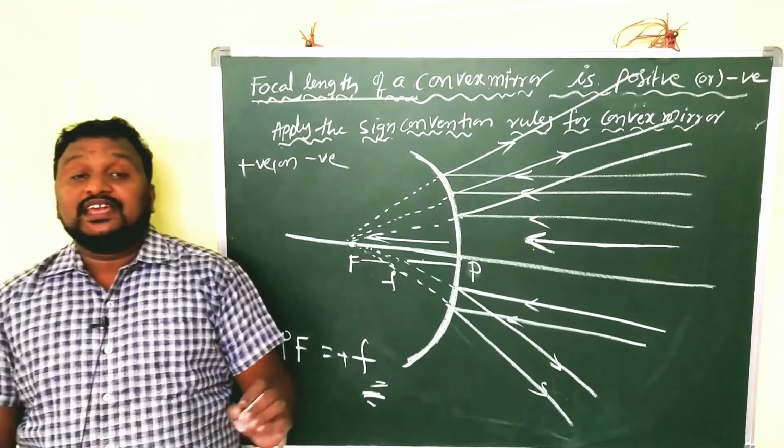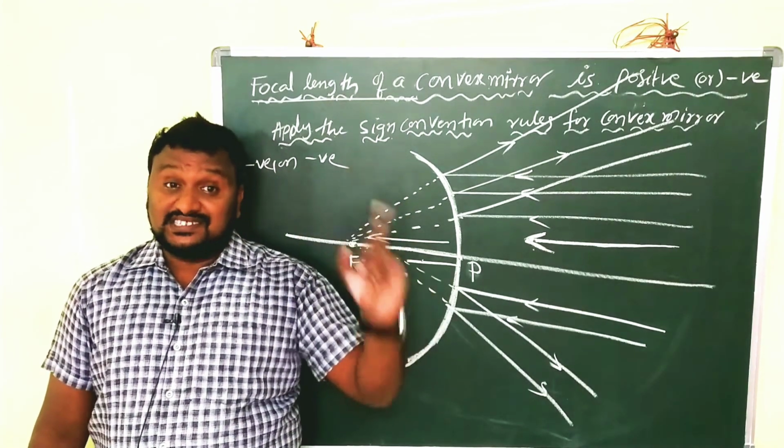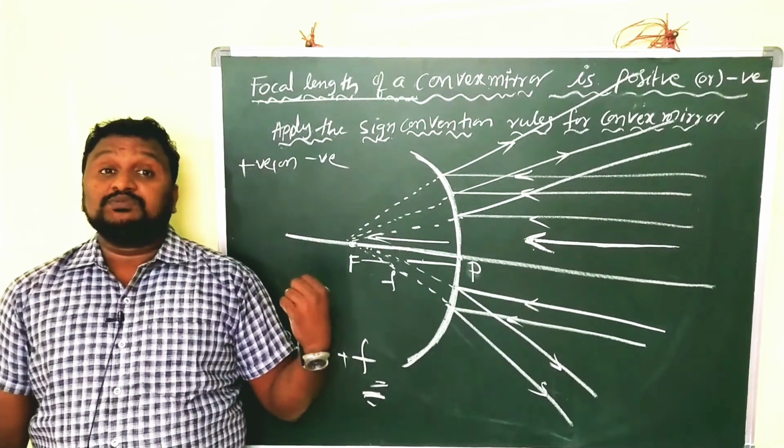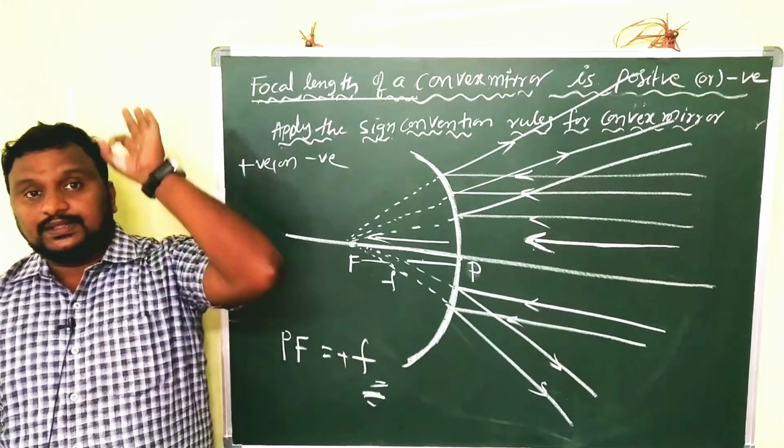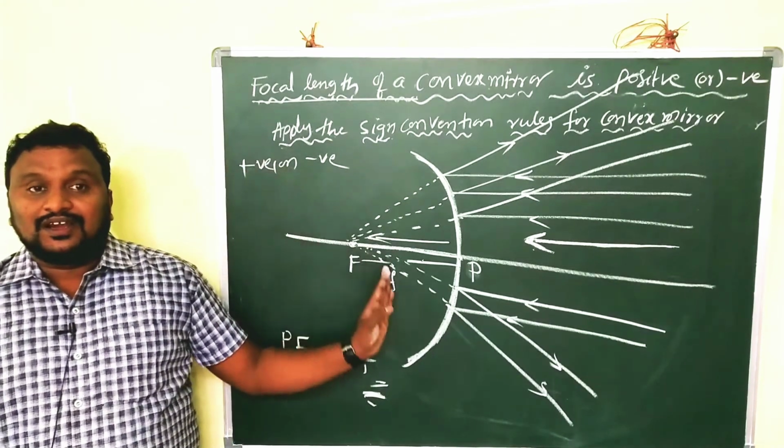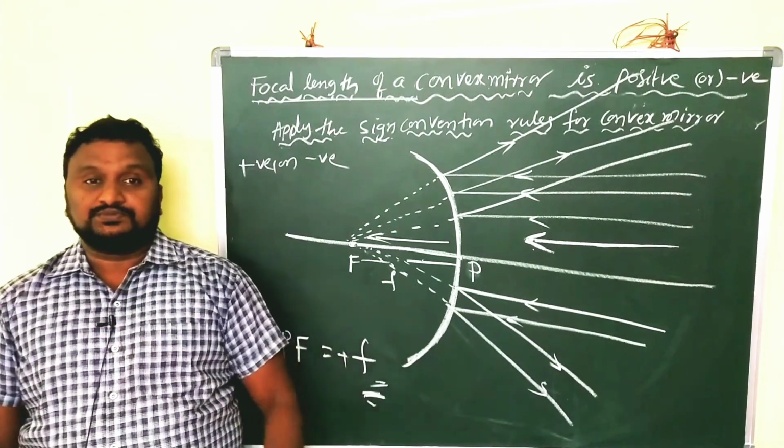In the case of a concave mirror, the focal length is negative. For a convex mirror it is positive. You have to remember that always: the focal length of a convex mirror is always positive.